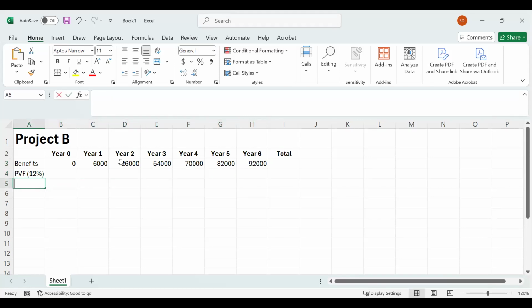We can say present value. Then we have costs. Present value factor again 12%. Present value. Finally, net present value. So this is what we are going to calculate.